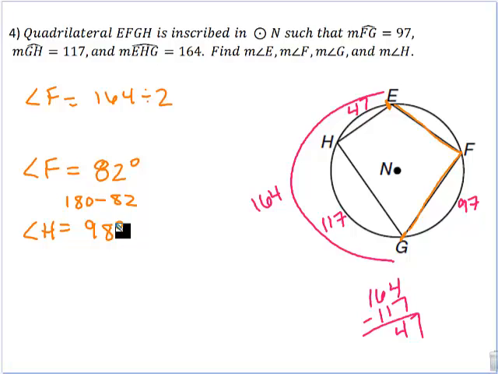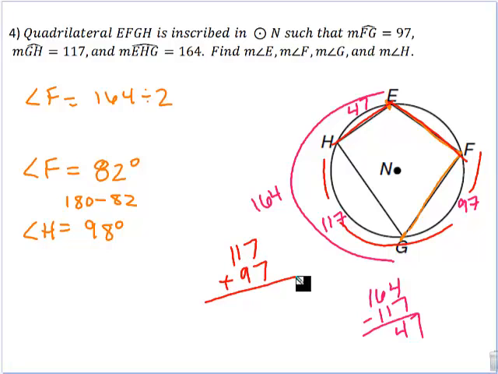Very good. So to find E here, we could look at where E is intersecting. It's intersecting from H, G, F. So you could add your 117 and your 97 to get that whole arc. So 117 plus 97, what does that end up giving us? Good, 214. And so then angle E would be what?